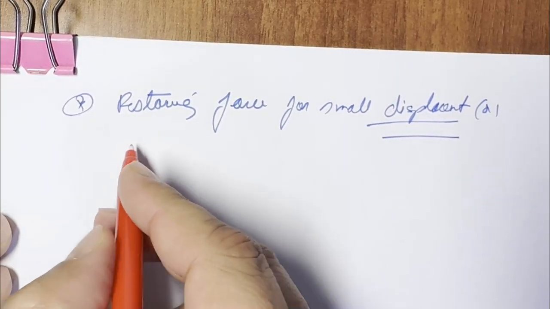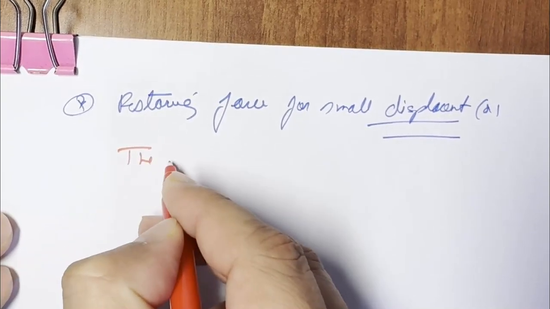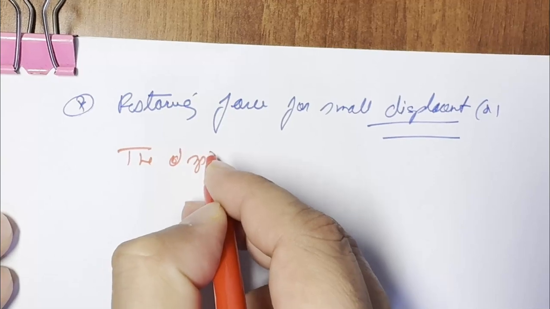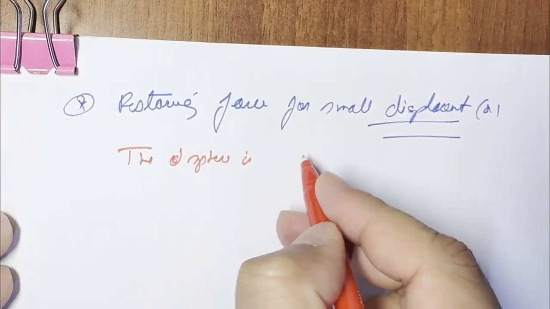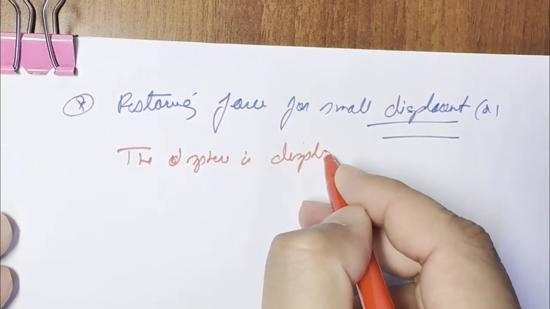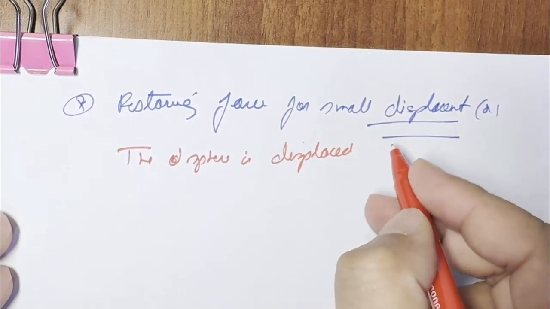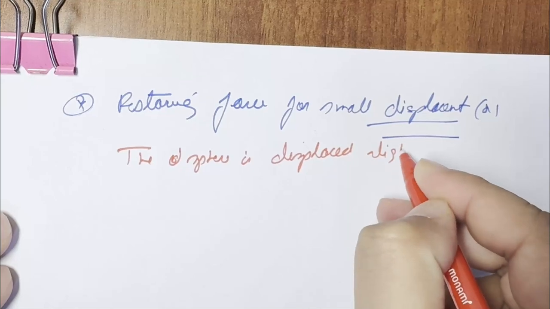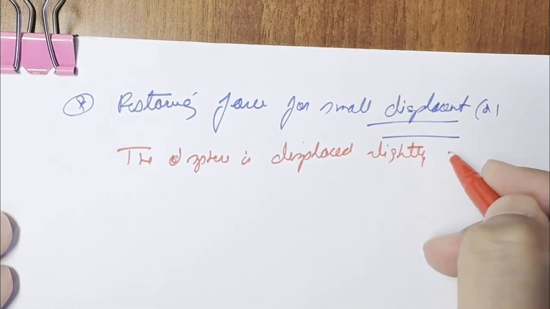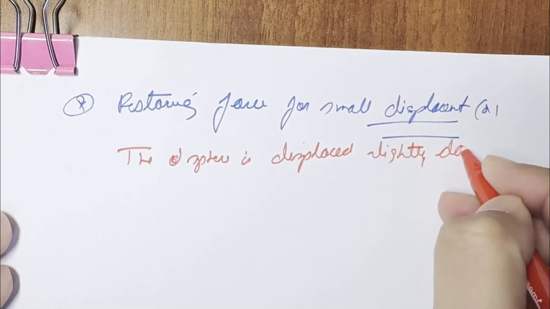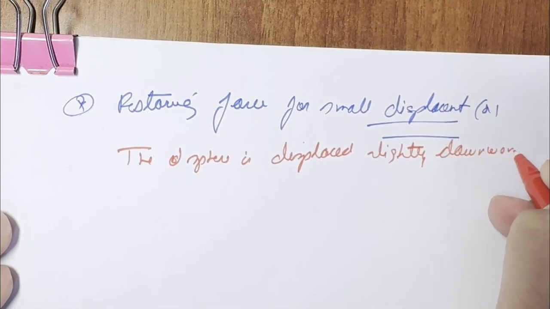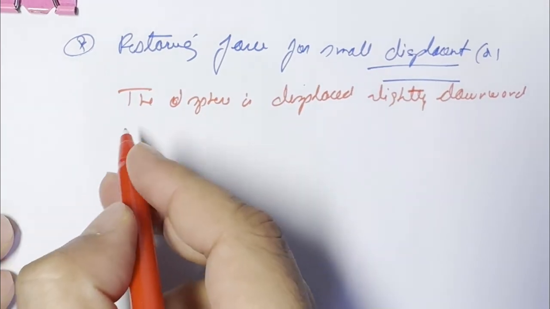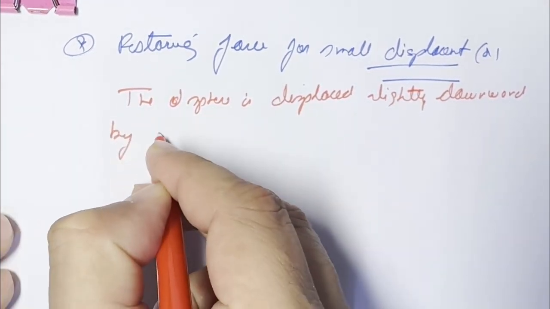So we can say the sphere is displaced slightly downwards by x.